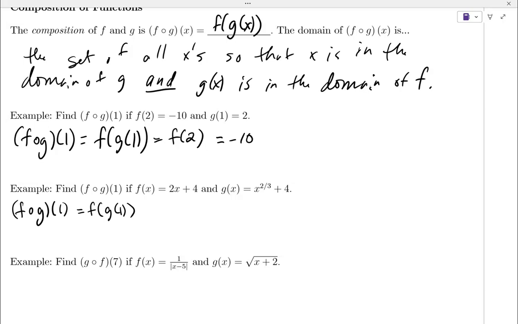What does this say to do? Plug in 1 into the G, right? Let's do that. What do you get when you plug in 1 into the G? Well, it says that's 1 to the 2/3 power plus 4. Right? Take out the x, put in the 1.